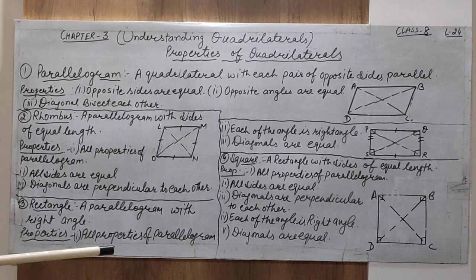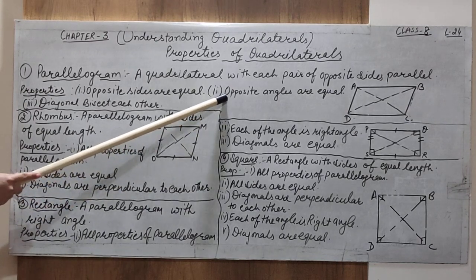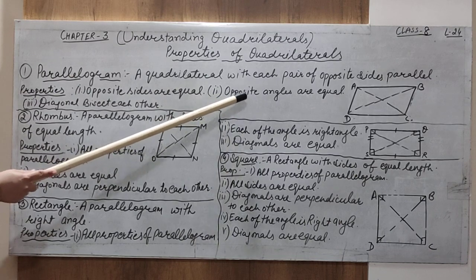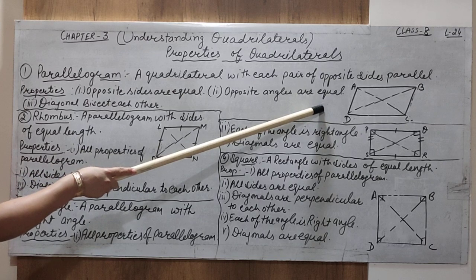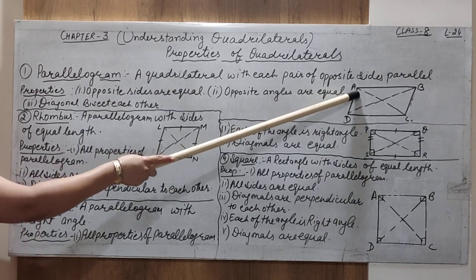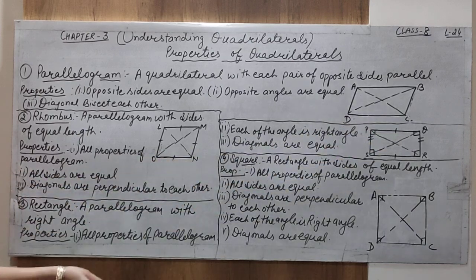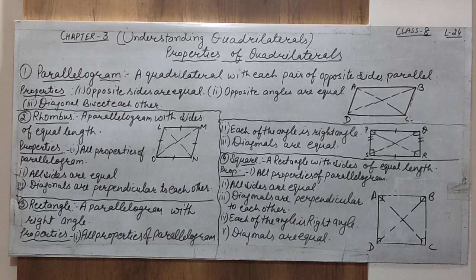Second property, you must note down all the properties in your notebook. Opposite angles are equal. Angle A is opposite to angle C and angle D is opposite to angle B. So opposite angles are equal.